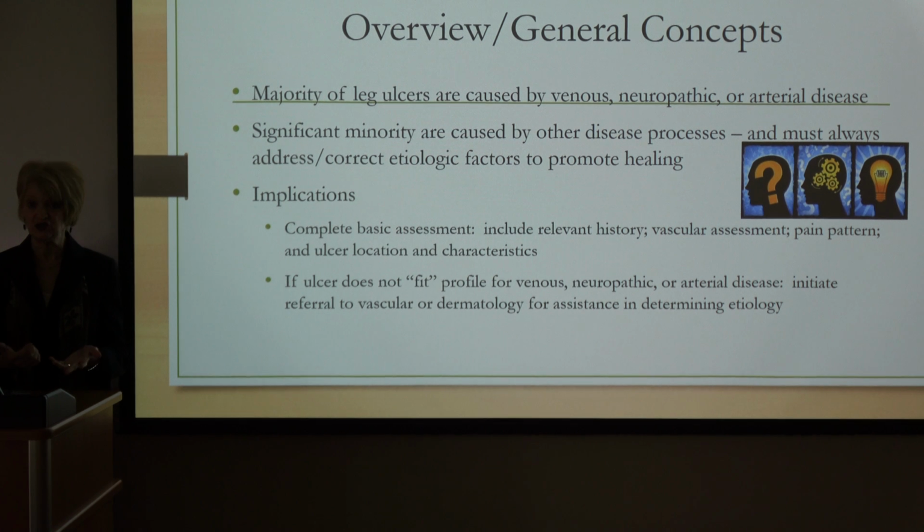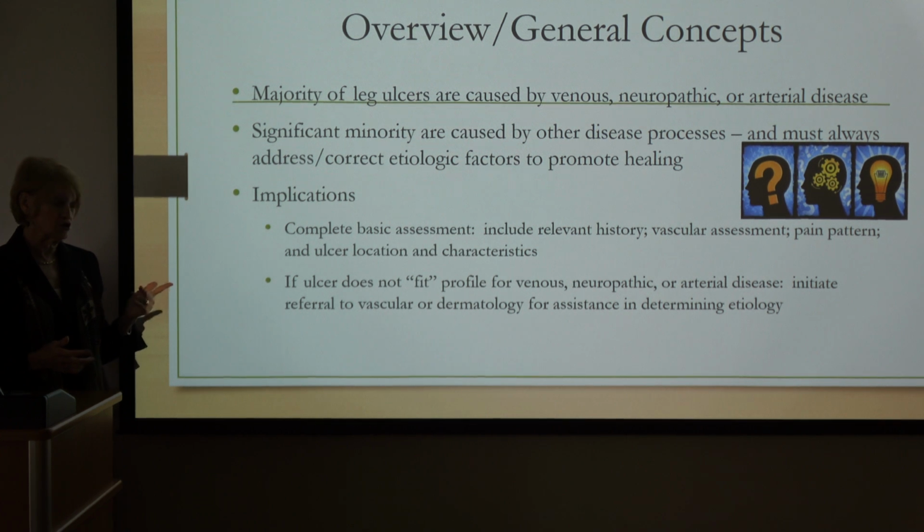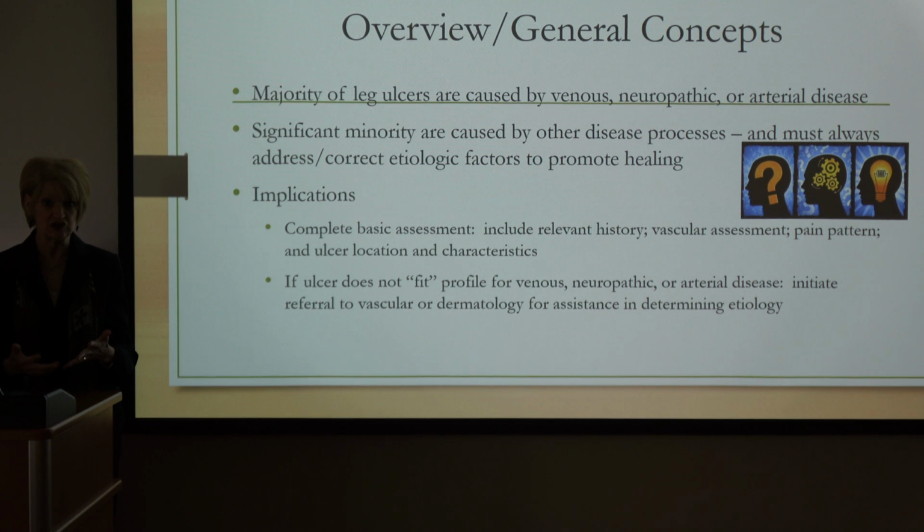So we want to look at the patient's history. We want to be particularly alert to risk factors for arterial disease, venous disease, and neuropathic disease. We want to do a vascular assessment so we know, is there adequate perfusion to the extremity? Is there any evidence of venous insufficiency?